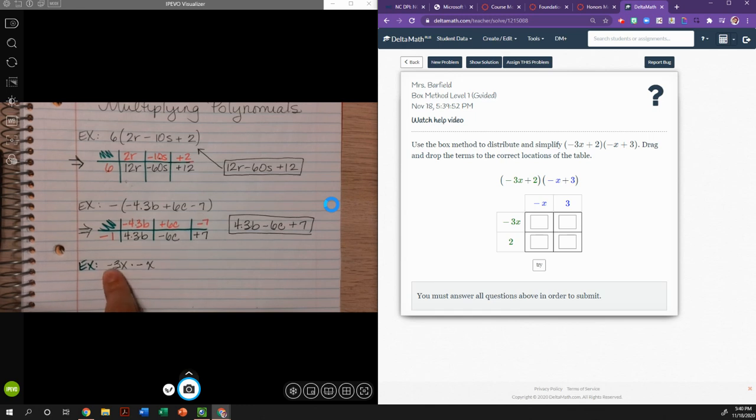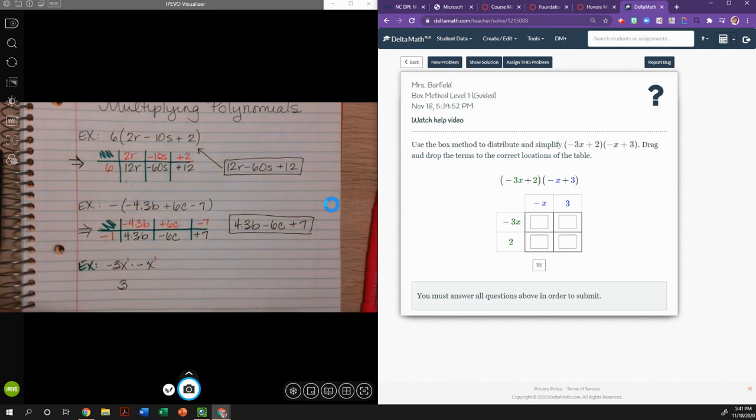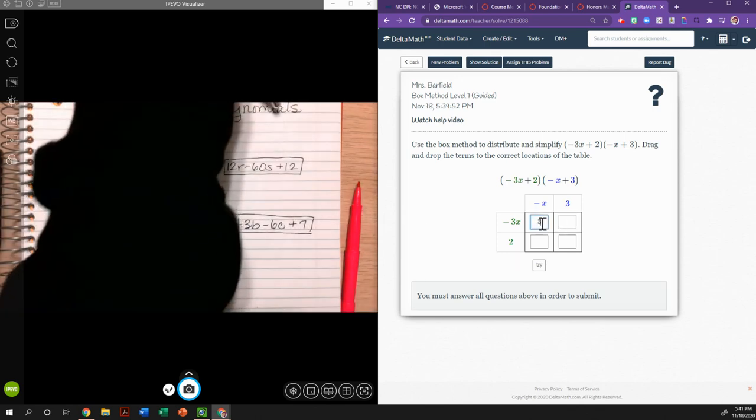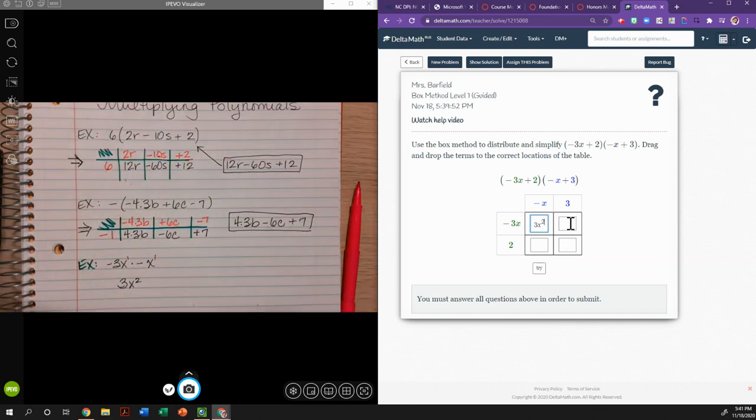So I'm going to multiply negative 3 times negative 1, so that gives me positive 3. And then my exponent here is 1 and a 1, so 1 plus 1, x squared. So that's what I'm going to type here.